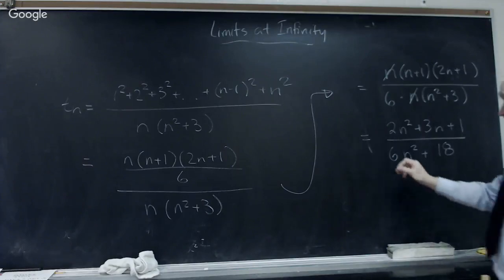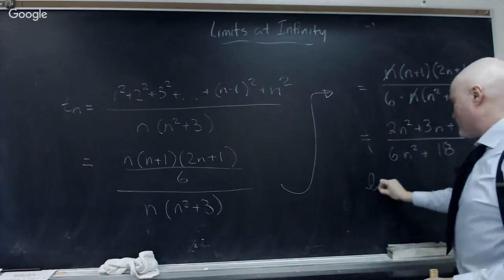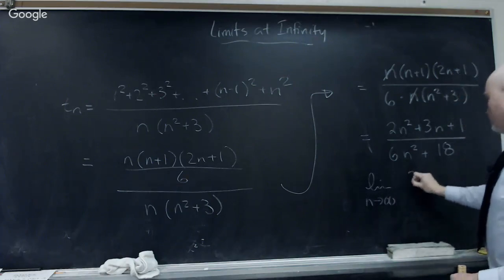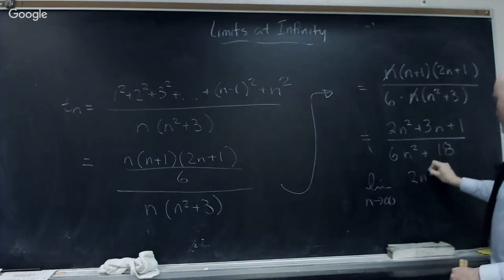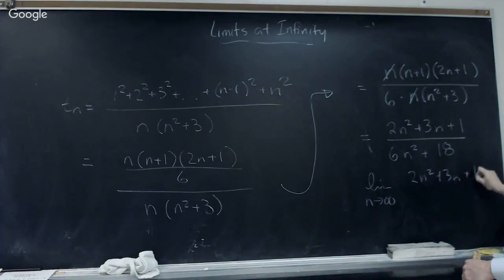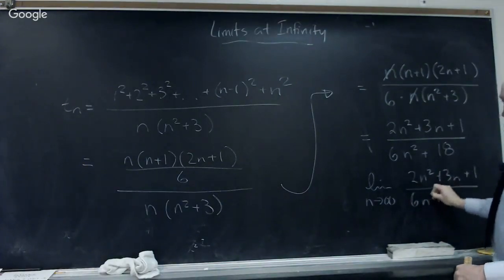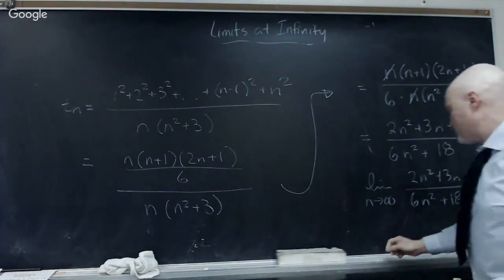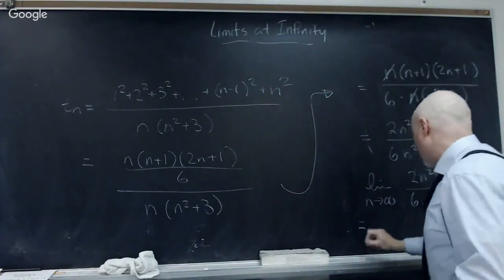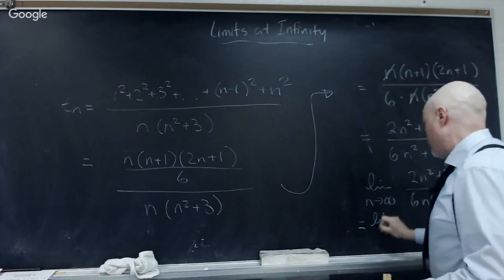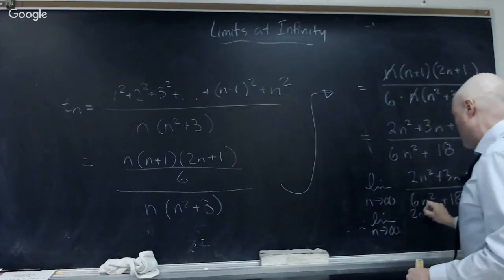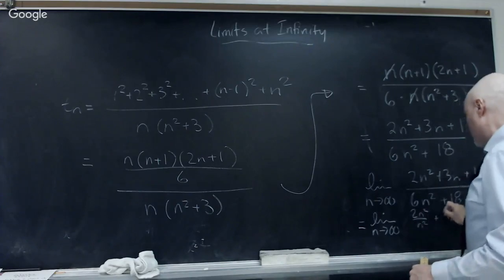Okay. Now, we're going to do that same thing. What is the limit as n goes to infinity of 2n squared plus 3n plus 1 over 6n squared plus 18? And we can basically divide everything by n squared, which is a bit onerous.